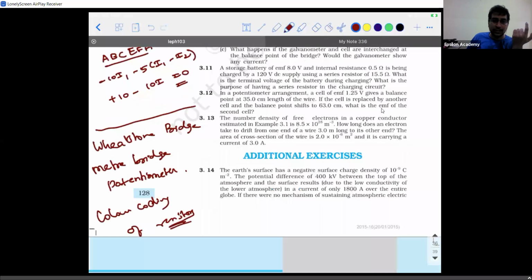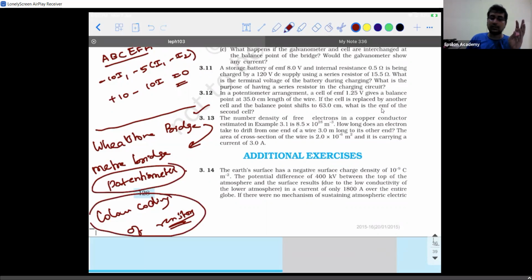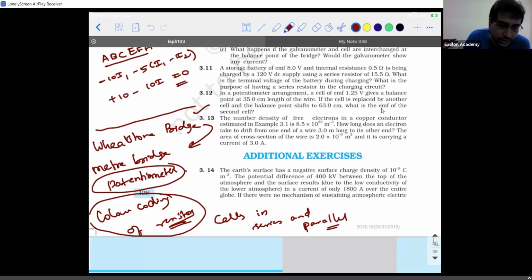The continuation, the application of Kirchhoff's law, is going to be Wheatstone bridge. The application of Wheatstone bridge is meter bridge. Potentiometer is an independent device, and the color coding of resistors is also an independent topic. After this I have cells in series and parallel. Keeping all these points in mind, maximum I can finish it in 3 more classes.